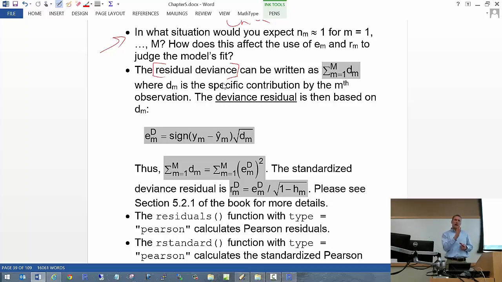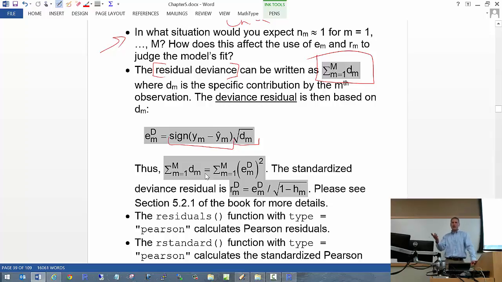So if you look at it from a different perspective, you could rewrite your residual deviance as the sum of some quantities, let's call them D's, over your entire data set. Every observation contributes one term to the -2 log lambda statistic. That allows you to define this new kind of residual called a deviance residual, which is simply the square root of d sub m times the sign of y sub m minus y hat m.